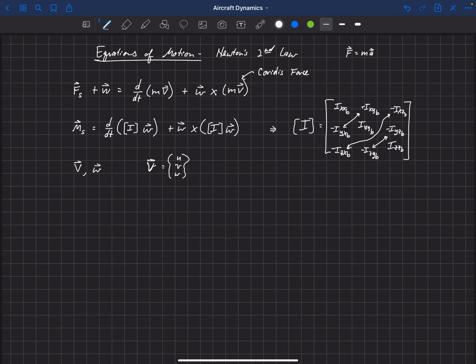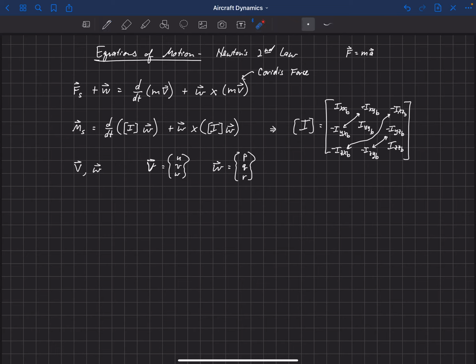Okay, those are our components of velocity, u, v, and w. And omega is our rotational velocity, and we're going to write that as P, Q, and R.